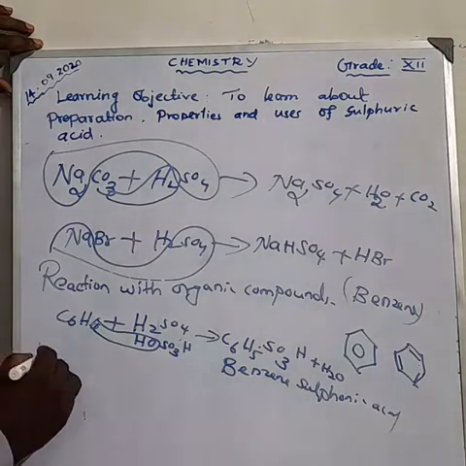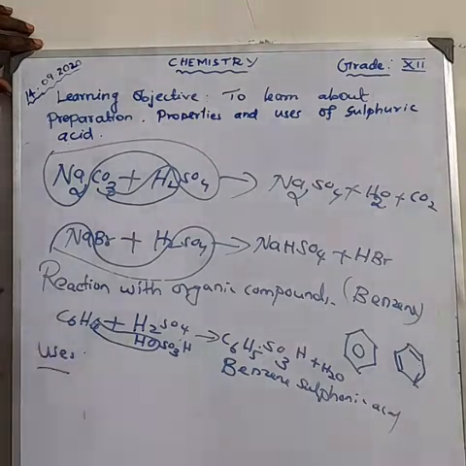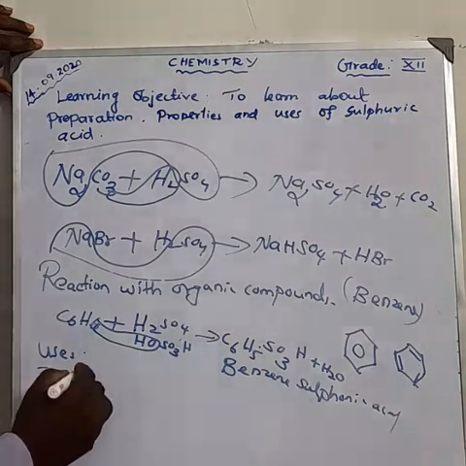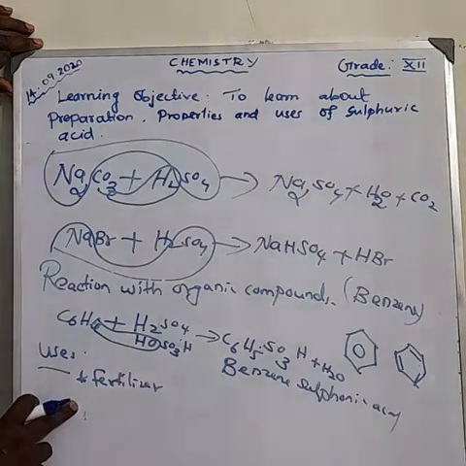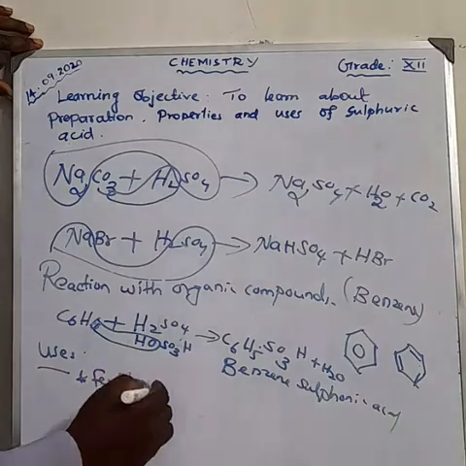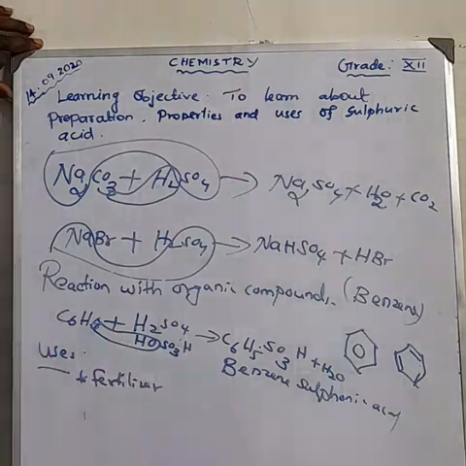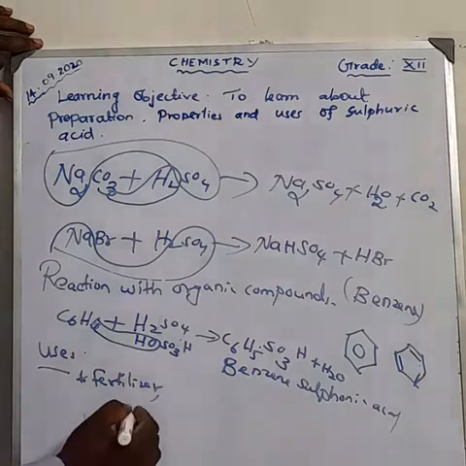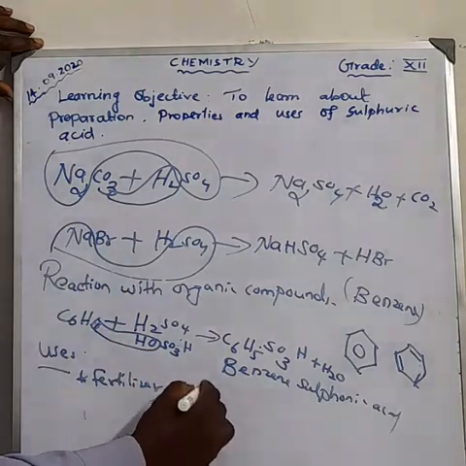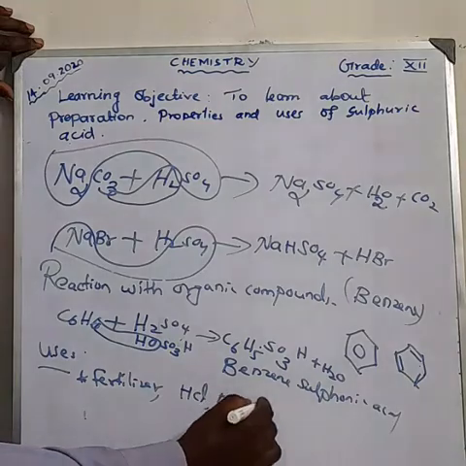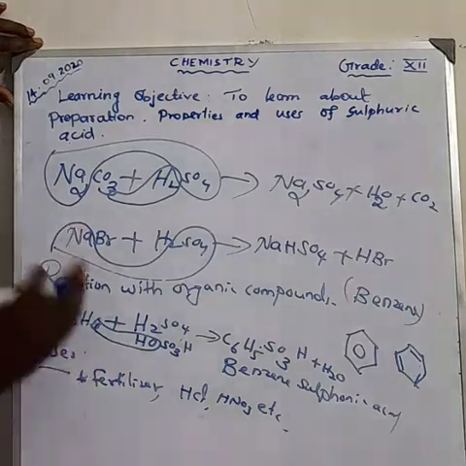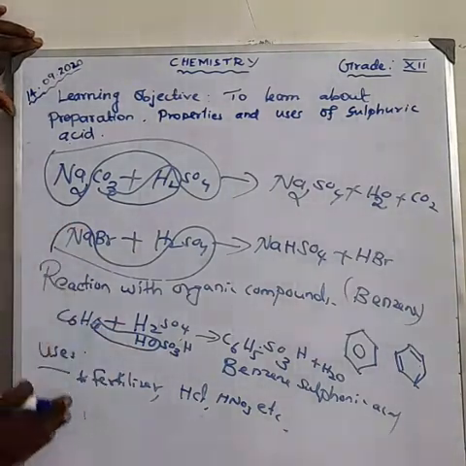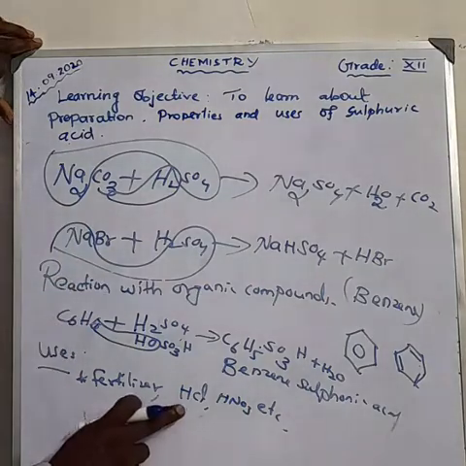The uses of sulfuric acid. The first use is manufacture of fertilizer, for example, ammonium sulfate, superphosphate, and also other chemicals such as HCl and nitric acid, etc. Which are the other chemicals?